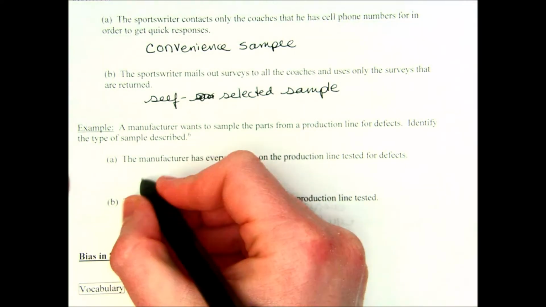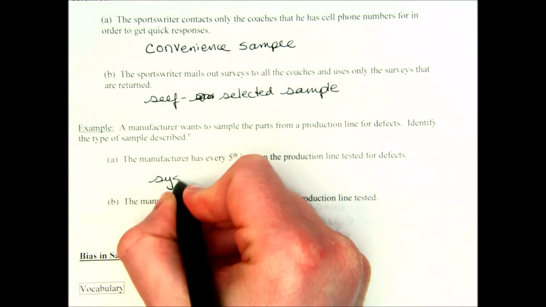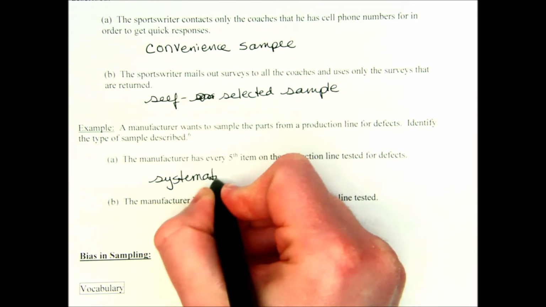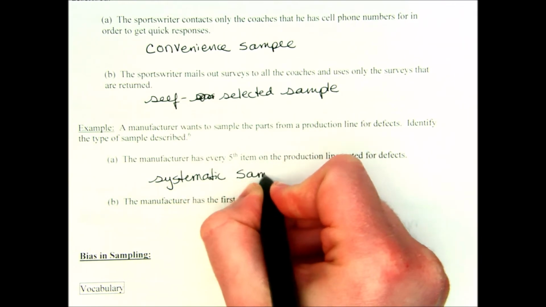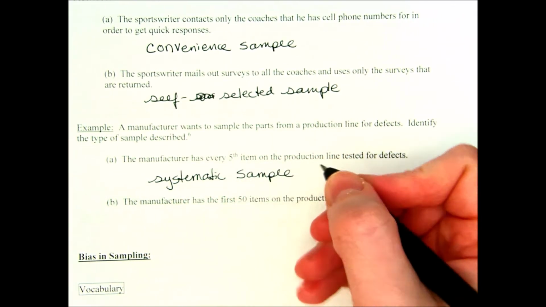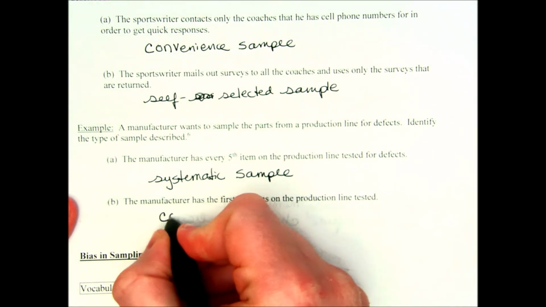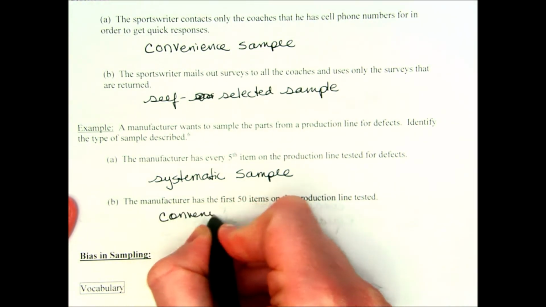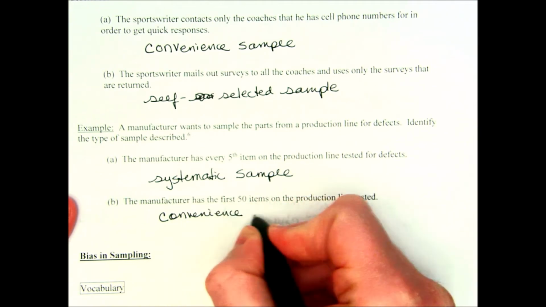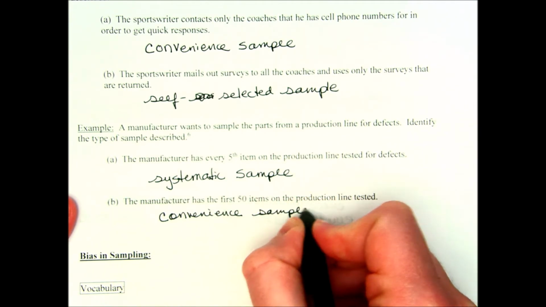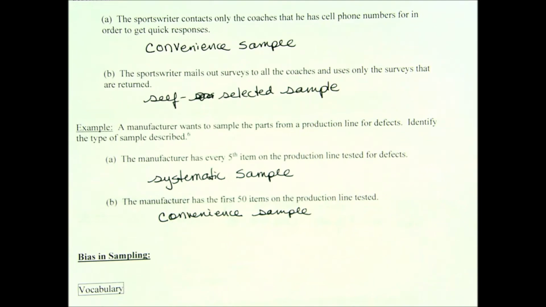I would call letter A a systematic sample, because there's a rule for deciding which things are going to be tested. Letter B would be called a convenience sample. You just went with an easy-to-reach group of objects, just picking up the first 50. Convenience sample.